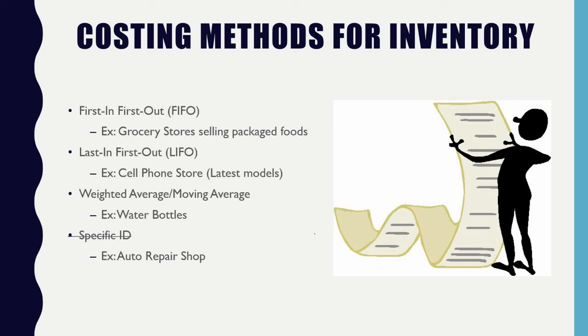So for instance, let's say you have milk. Usually when they put the milk on the shelves, it's actually in FIFO order, because they all have some kind of expiration date. As people, we normally dig in the back to get the longest lasting, freshest milk.